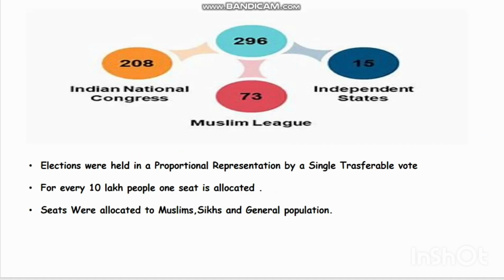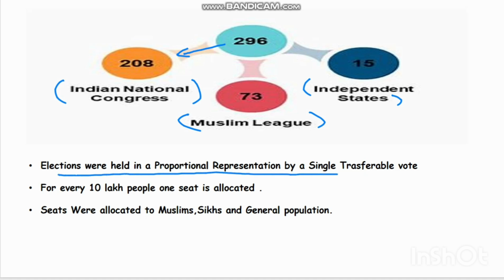So after the election for the 296 seats, 208 seats were won by the Indian National Congress, 73 seats were won by the Muslim League, and 15 seats were won by independents. Here, the elections were held by proportional representation by a single transferable vote.